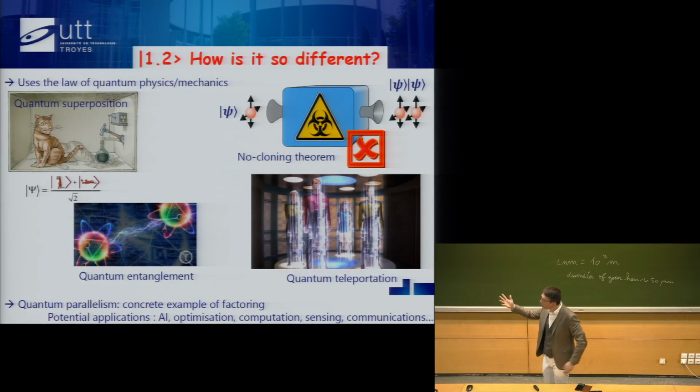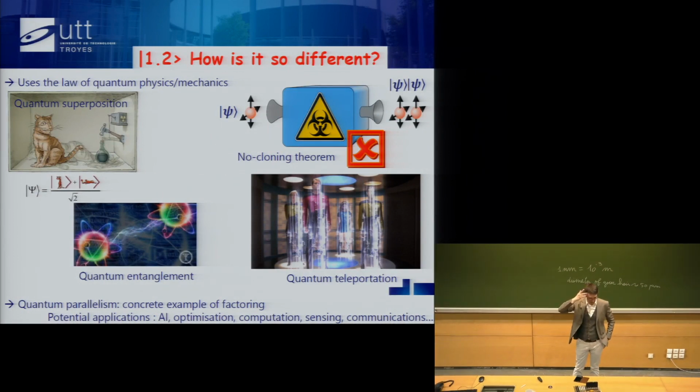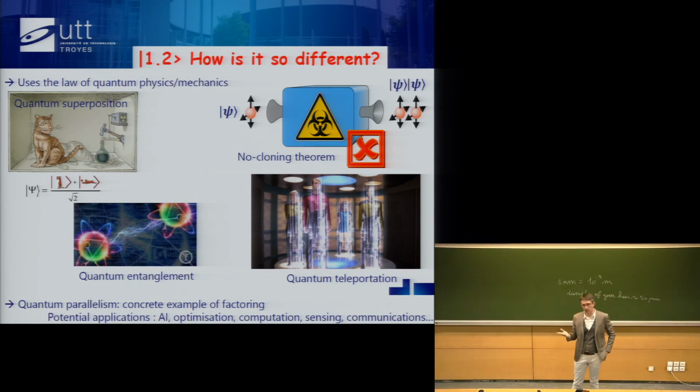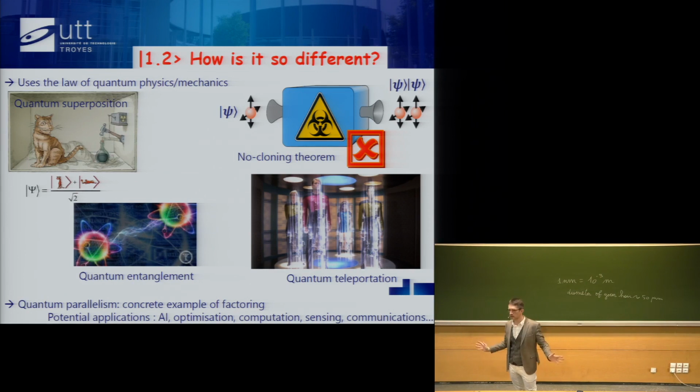But there are other properties, like for instance another one that, again on paper, is plausible: quantum teleportation. So quantum physics tells you, if you're a big fan of Star Trek, that you can do teleportation. You can ask Scotty to teleport you to wherever you want. Quantum physics says it's been proven that quantum teleportation is possible. Of course, again, if I want to teleport you, or even something remotely small, then it will be very, very complicated.